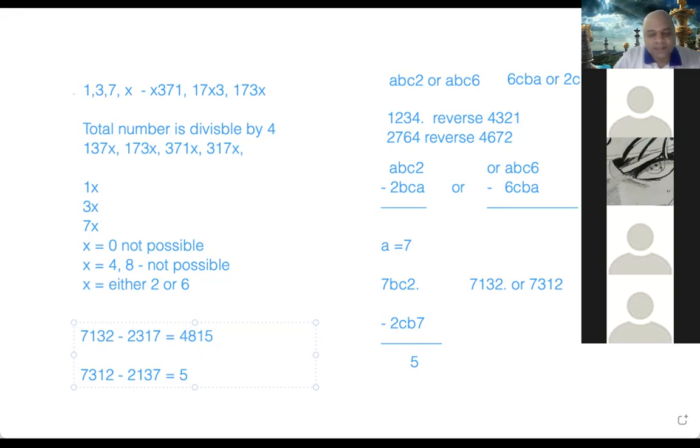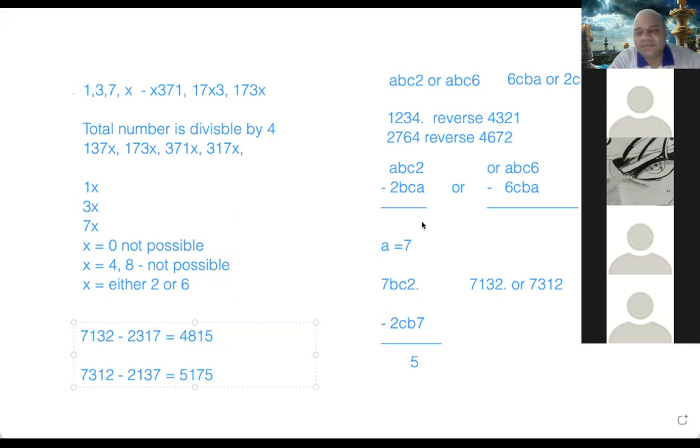So 10 minus 3 is 7. Then 2 minus 1 is 1, and 7 minus 2 is 5. What is this? What is the number you got? Maybe I have made some mistake.